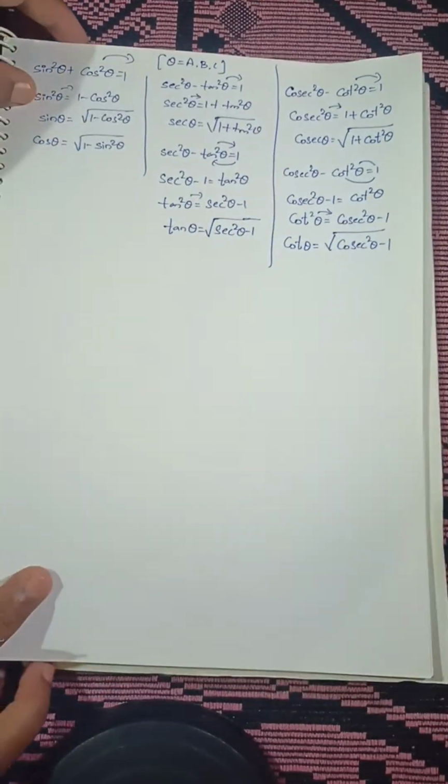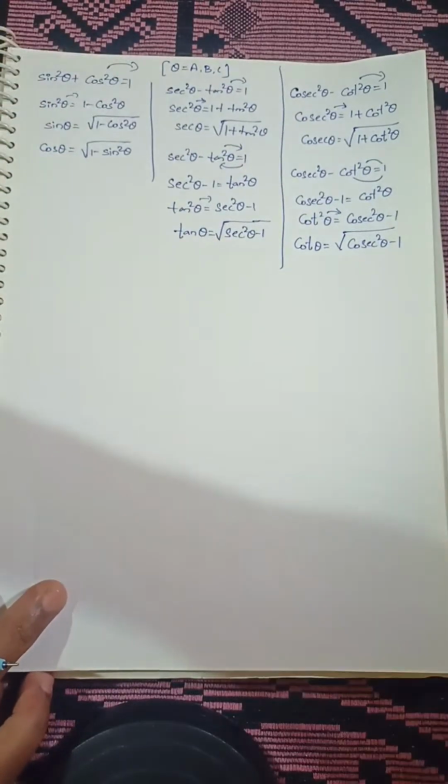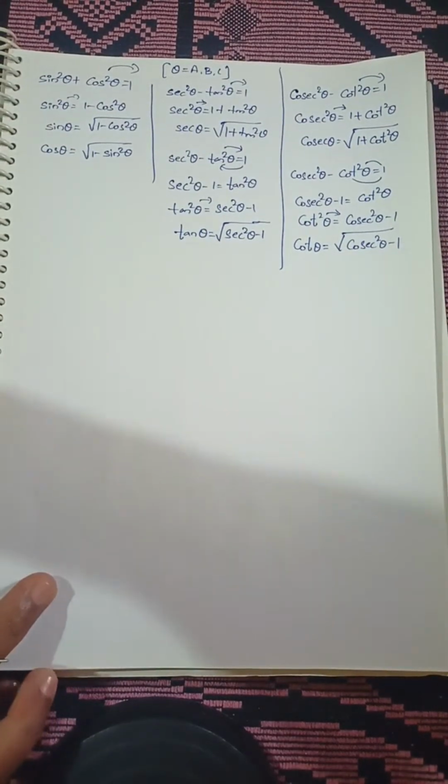So these are the expansions of the three identities. I will hold it for 1 minute. Please write it down.